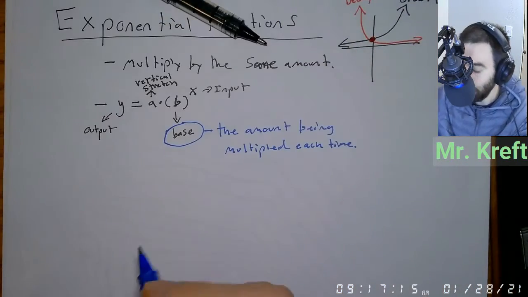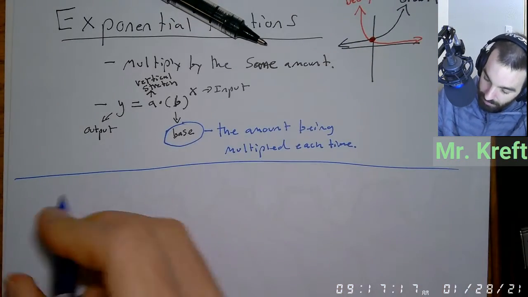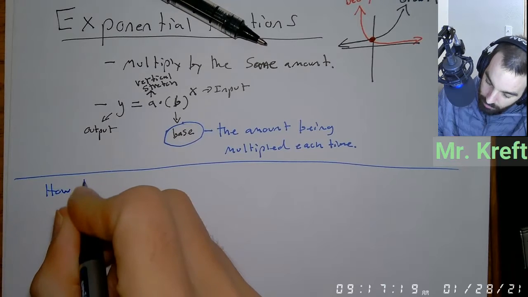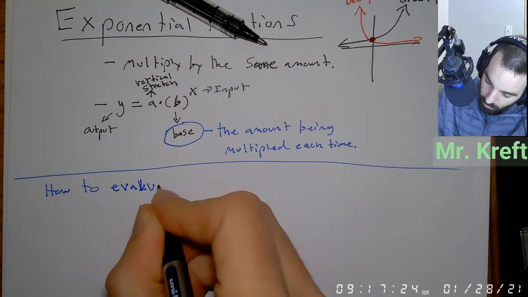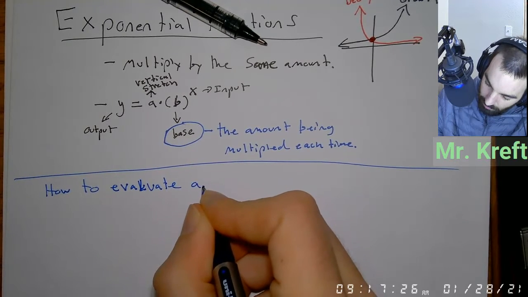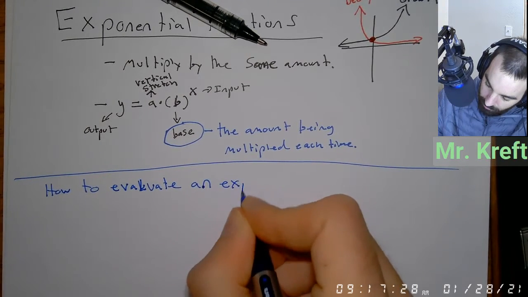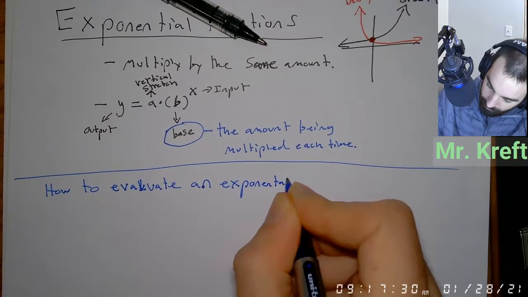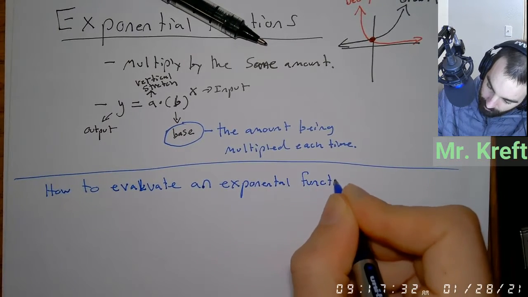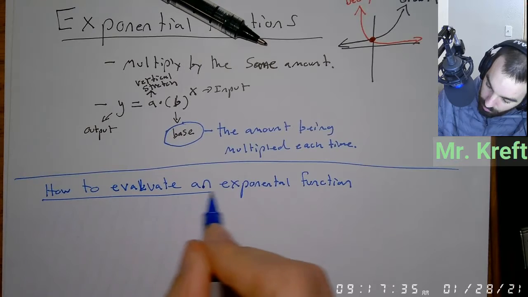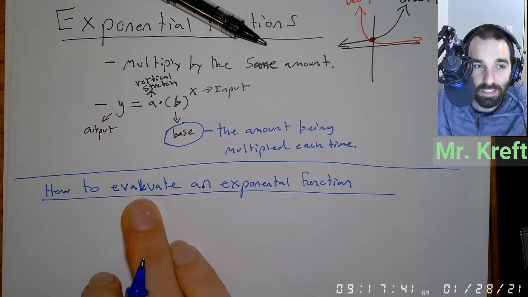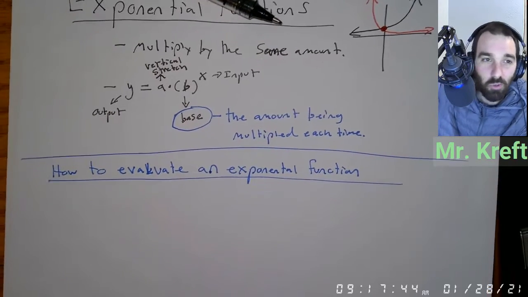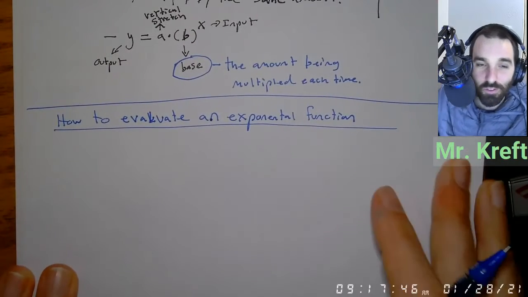So let's look at how to evaluate an exponential function. If you don't remember, you might want to add in there that evaluate is just a fancy word for plug in numbers. We're not doing algebra, we're just plugging in numbers and seeing what we get.